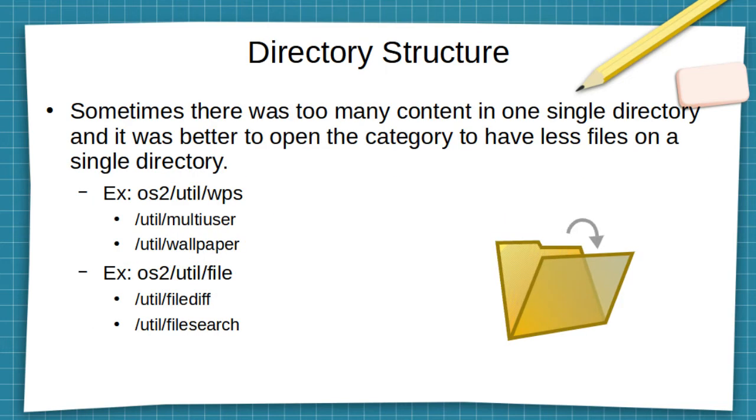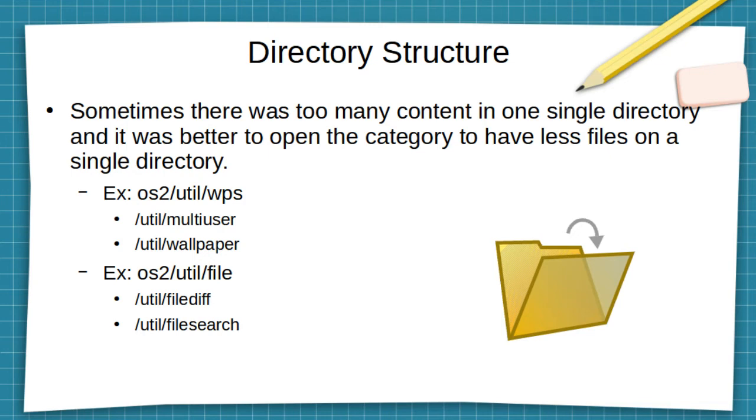And also the directory structure. Like I told you before, there were these categories that don't make sense anymore, like internet. There is even TCP/IP, which I'm not sure should be a category, because everything is running on TCP/IP. So I also expanded some of the categories. Like there was too much inside utilities and workplace shell.